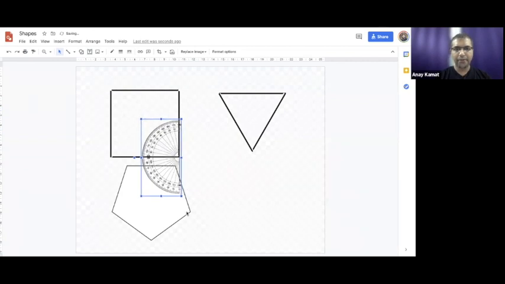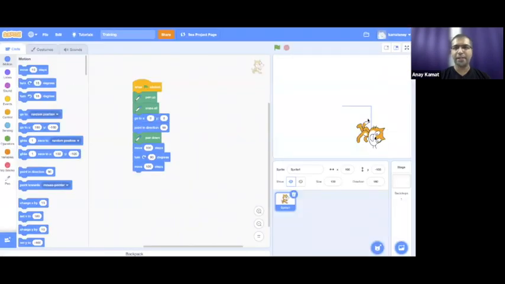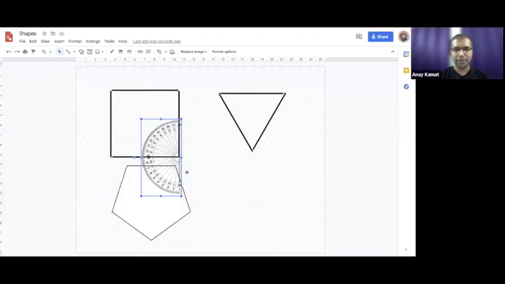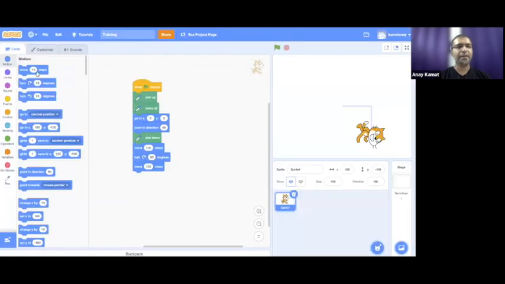Currently the sprite is facing downwards, and if I want it to face towards the left, I want to rotate it by 90 degrees, right? Again, 90 degrees. So let us rotate 90 degrees towards the left, and we again move 100 steps.